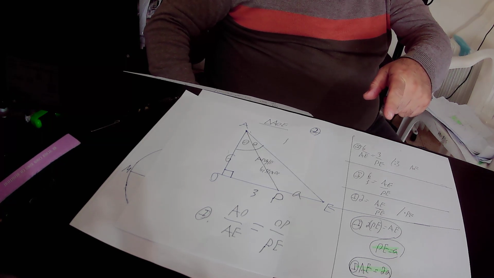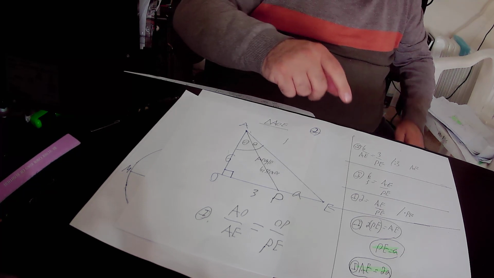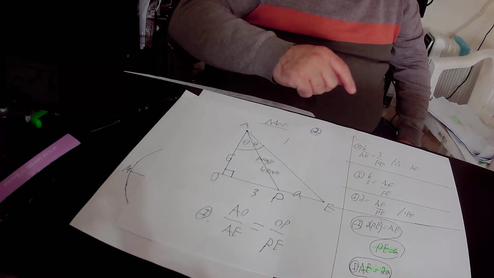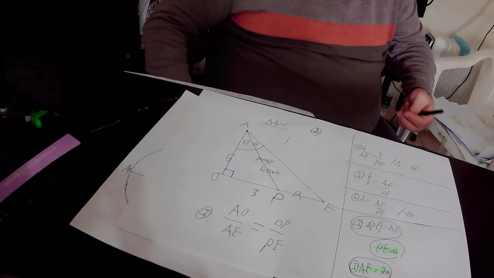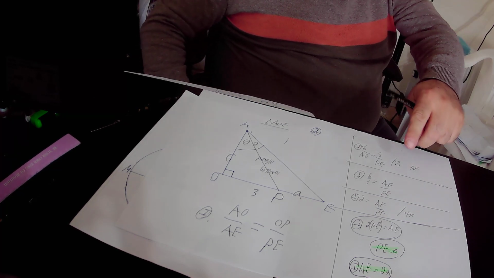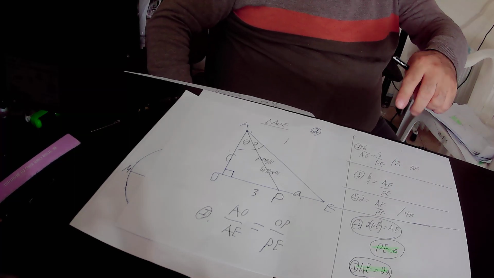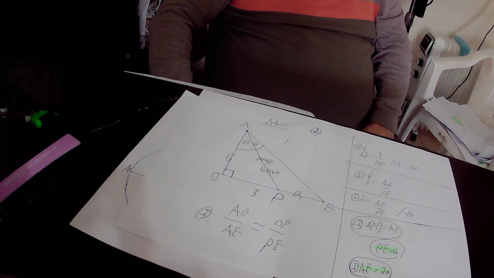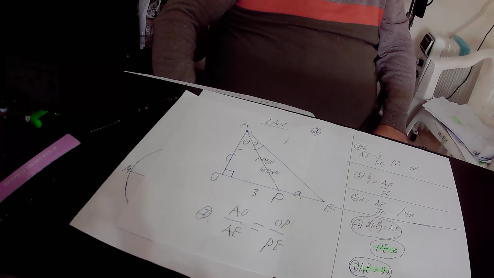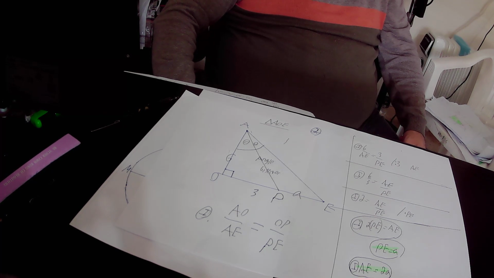So according to equation number 1, 6 over 3 equals AE over PE. 6 over 3 is 2. So we multiplied this equation by PE and found that 2 times PE equals AE. So AE is twice as long as PE.